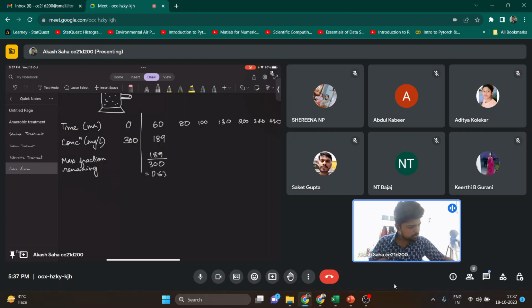At 80, it was 180, 100, 168, 156, 111, 78, 27. So these mass fractions will be 0.6, 0.56, 0.52, 0.37, 0.26, 0.09. So these are all my mass fractions.